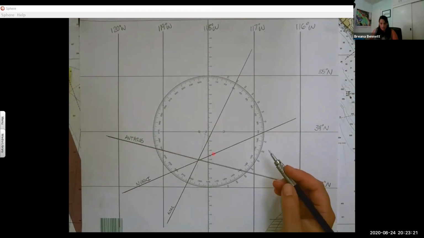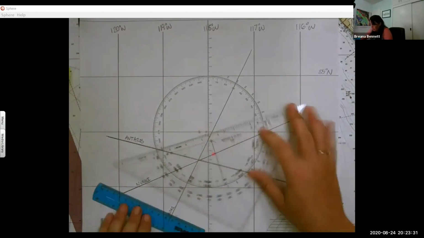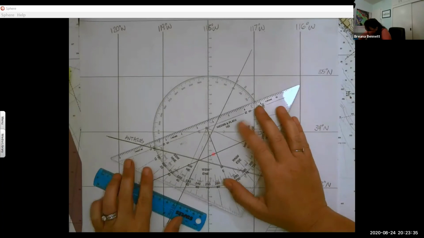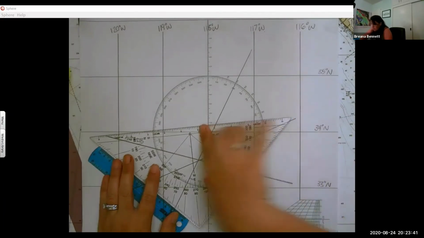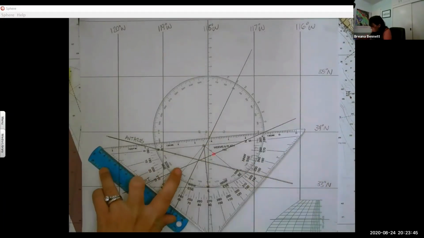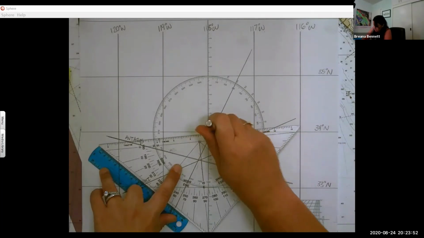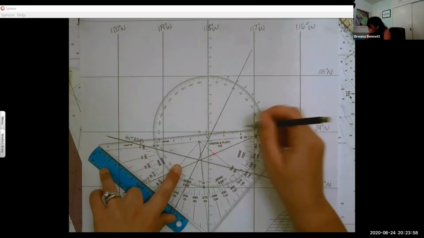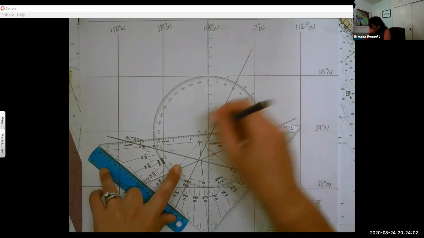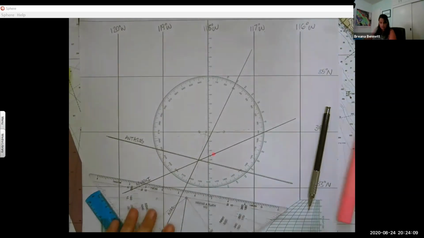Our bearing is 263.9 at 34 miles. So 264. Okay. Bring that down. 34.1.